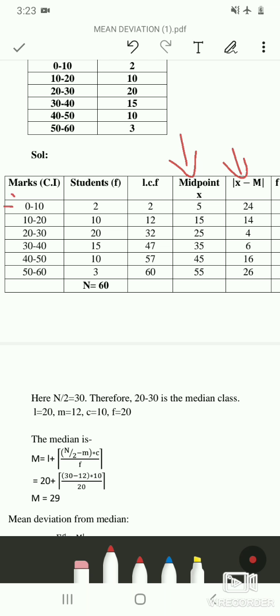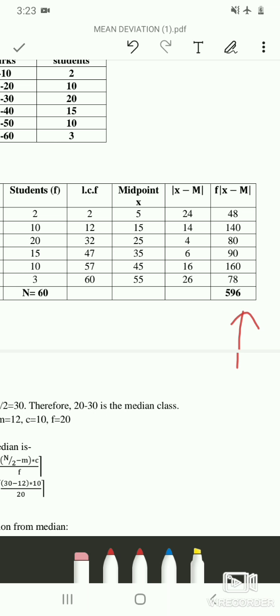So the midpoint of 0 to 10 is 5, that is 10 divided by 2 is 5. Similarly, 10 plus 20 is 30, 30 divided by 2 is 15. So calculate the midpoints of each class interval, and then using the formula calculate absolute value of x minus m, and then multiply it with the frequency to get f into absolute value of x minus m.